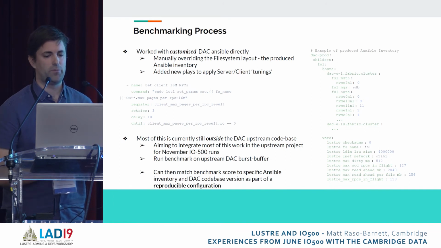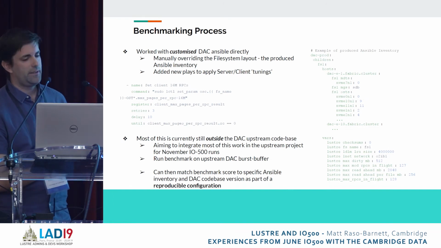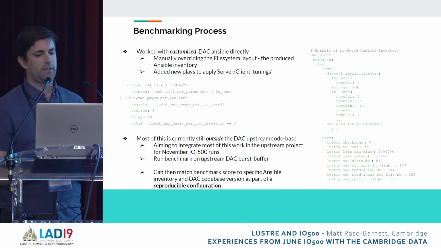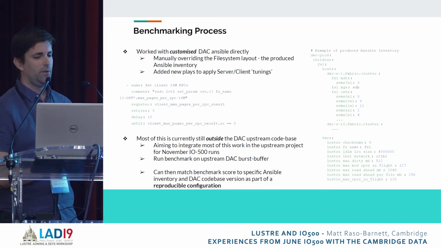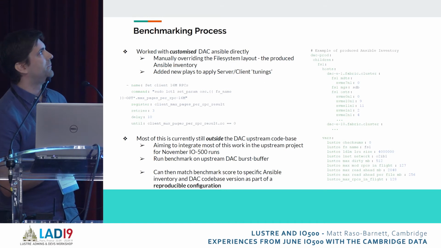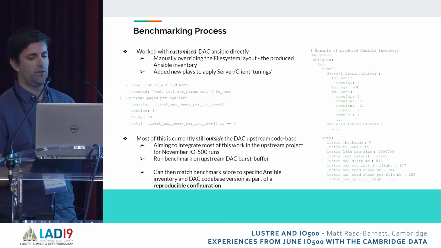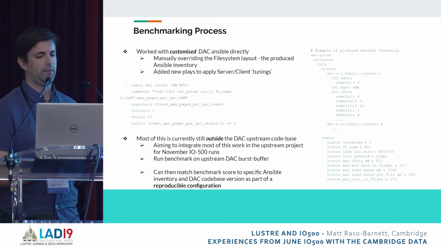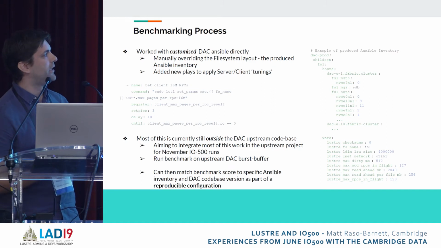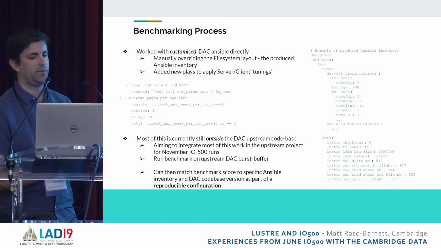So this is what the benchmarking process looked like. I worked off of the Data Accelerator code base, but I was customizing it a little bit. I was adding new features that we haven't yet merged back into the upstream code base.